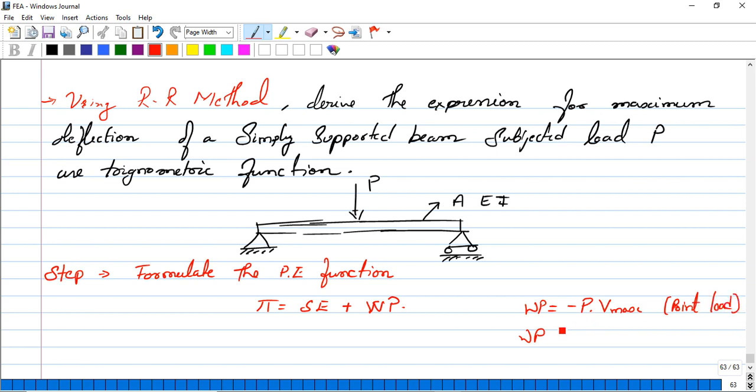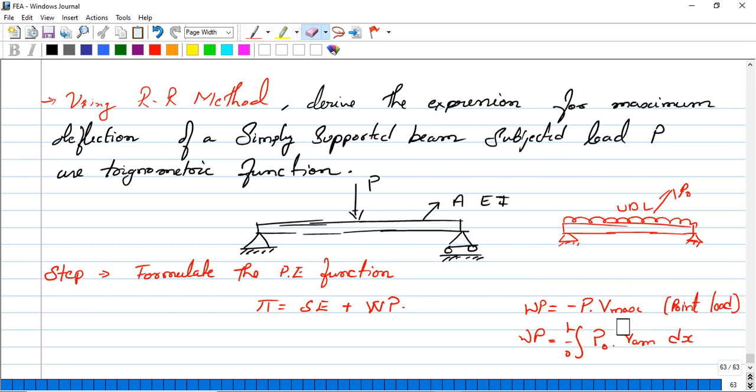Remember, you may get a problem where the work potential could be for a UDL. For example, let me sketch the same simply supported beam with a fixed end. In case you have a UDL, represented by P naught, the work potential formula will be minus the integral from 0 to L of P naught into V max dx.